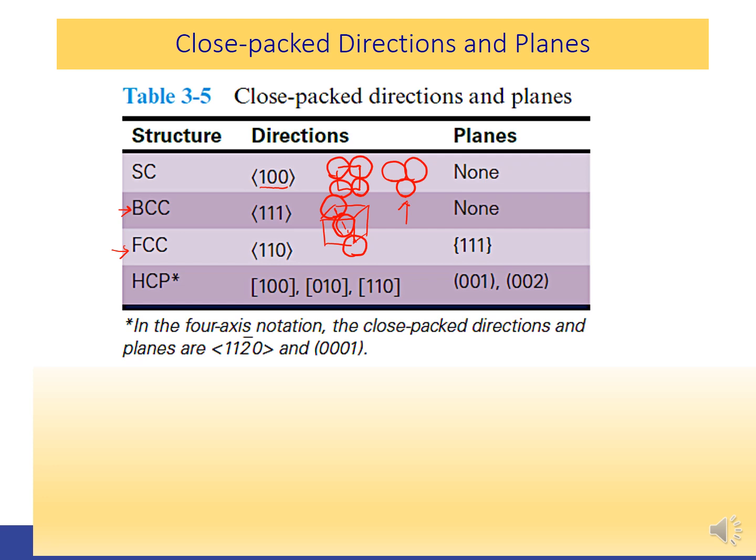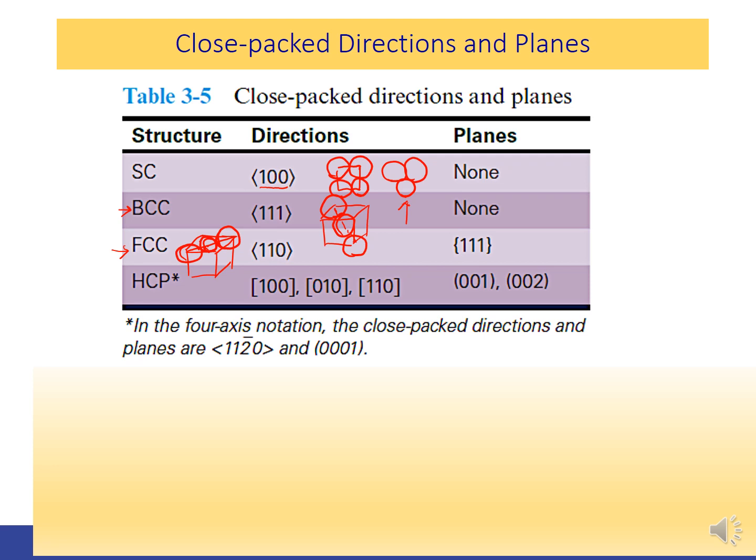which is the direction along the face diagonal. I'm just going to draw one face diagonal. Along this face diagonal, we have one atom at the center of the face and 2 atoms at the corners. So that's the 110 direction.